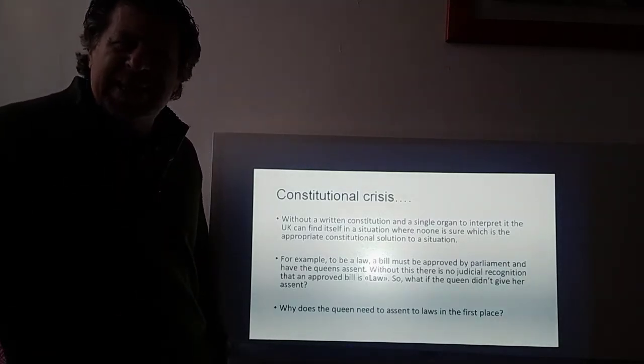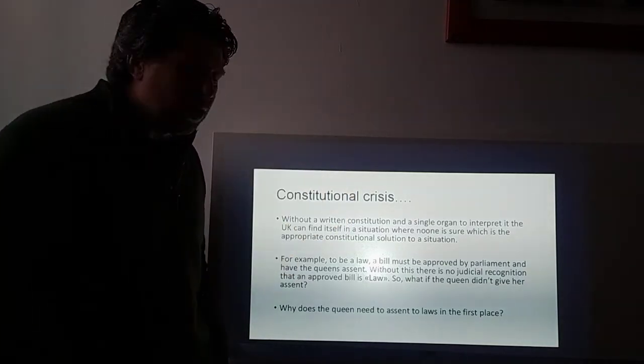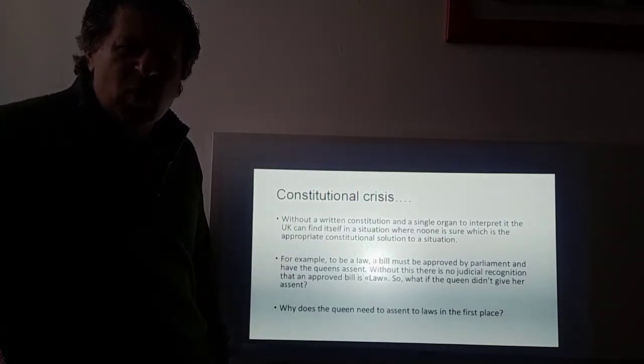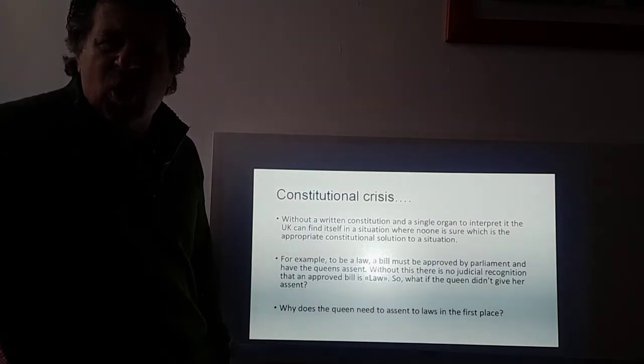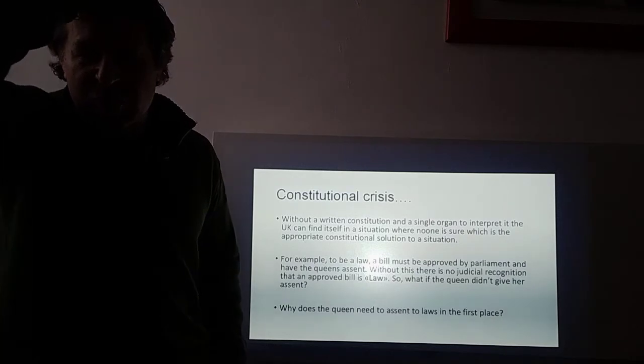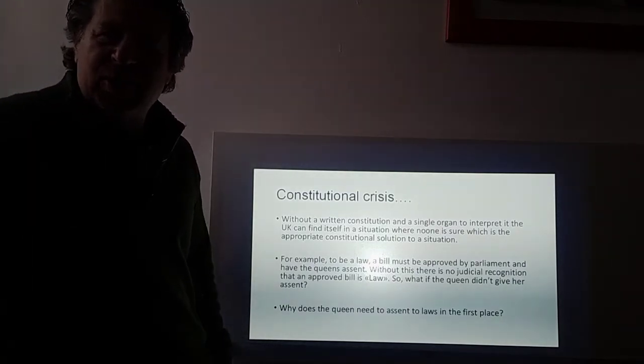So what happens in this case? This is what we call a constitutional crisis, when we reach a situation where we're not sure how to proceed, because there's no real solid constitution to follow. We're not controlled by a constitution.